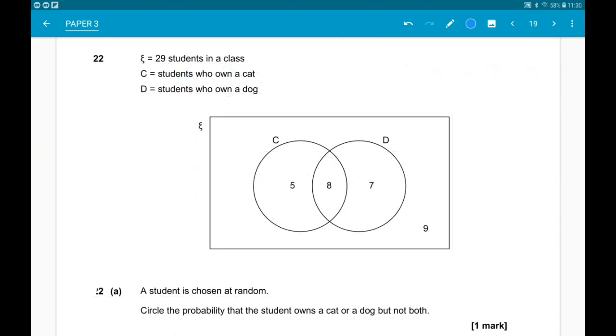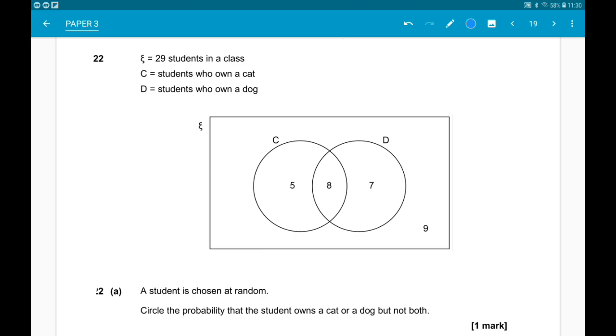Okay, number 22. So here our universal set is 29 students. C is the group of students who own a cat. D are the people that own a dog. Part A. A student is chosen at random. We want the probability that they own a cat or a dog, but not both.